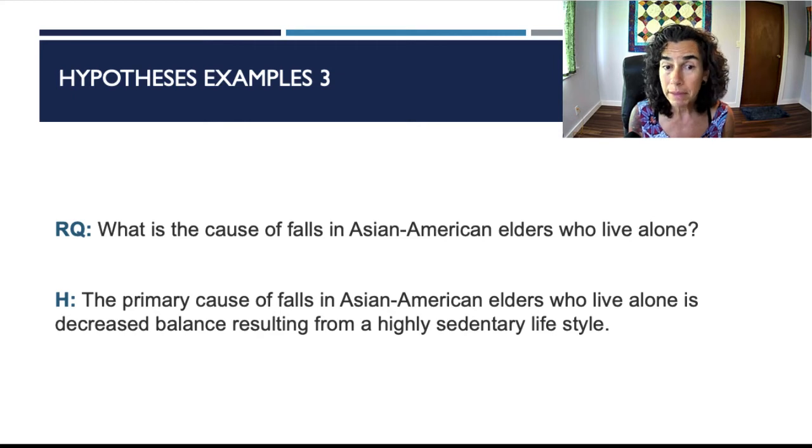And the hypothesis, we don't yet know whether this is true or not, but we're hypothesizing that it is decreased balance resulting from a highly sedentary lifestyle. So we want to check that out, right? We want to see, is it that, or is it that it's a moral weakness, for example? So figuring out what the real cause is key.